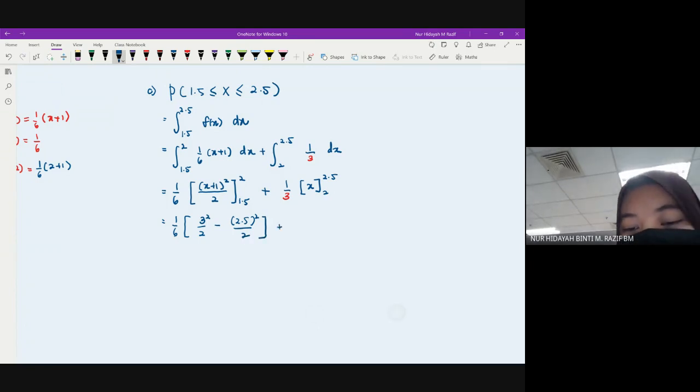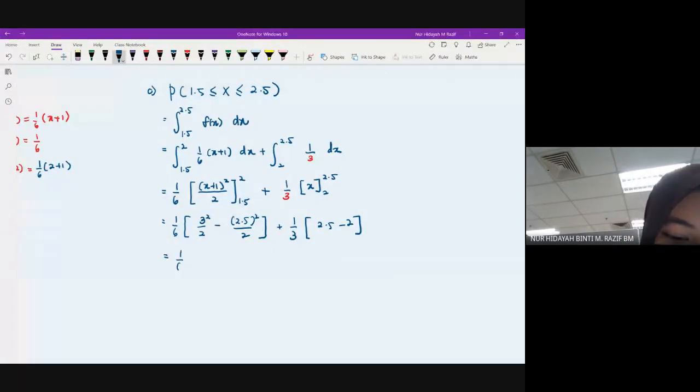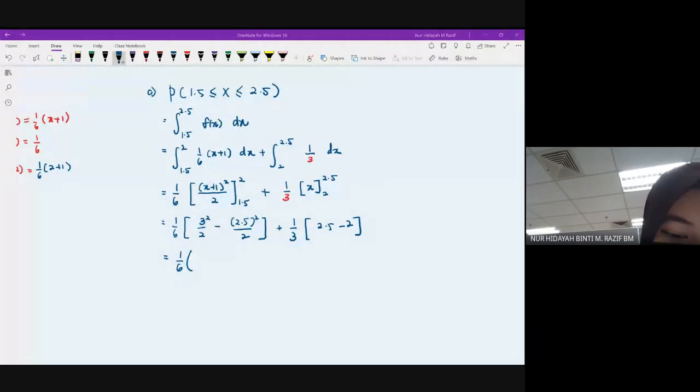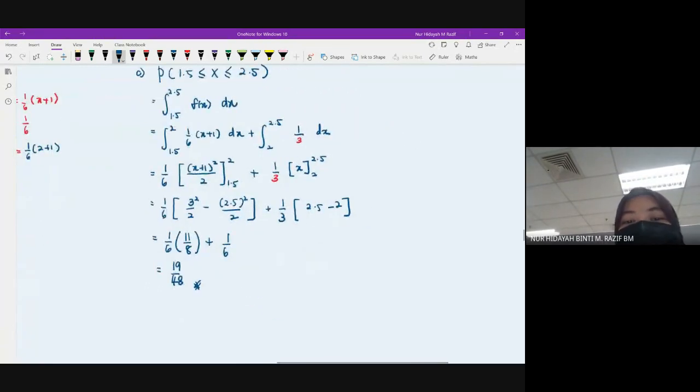So ditambahkan pula dengan 1 per 3 yang ni masukkan kita akan dapat 2.5 tolak 2. So kira sahaja sepatutnya jawapan yang anda akan dapat di sini adalah bersamaan dengan 1 per 6 didarabkan dengan 11 per 8. Okay, lepas tu ditambahkan dengan awak kira yang belakang tu kita akan terus simplify dapat 1 per 6. So your answer here should be 19/48. So that will be your probability untuk soalan C.